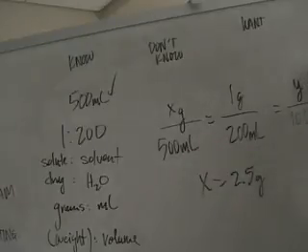Let's call this Y. If I only need a 100 cc solution, how many grams do I put? 100 is half of 200. What's half of 1? 0.5 over 100. Percent, right? So what percent solution do I have here in the 1:200? I have a 0.5%. Very small.